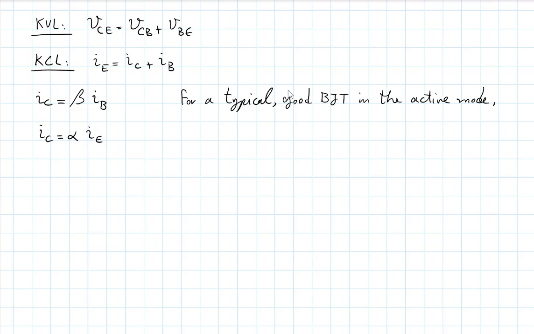Typically, you might say ballpark 100. So let's say beta is 100. And how much is alpha? It's approximately 1. So let's say about 0.99.